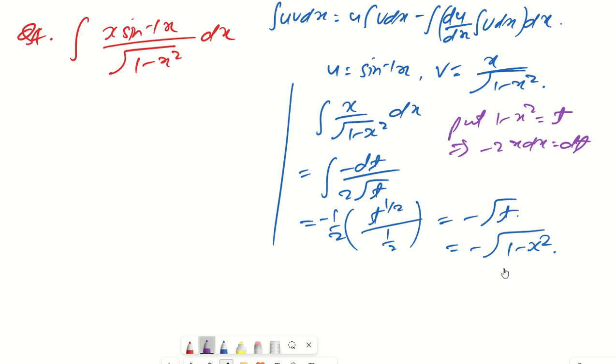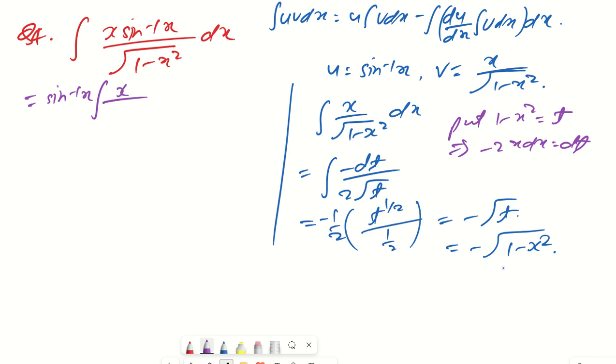So now my integration is going to be the first term, that is my sine inverse x, times the integration of the second term. I will just write down the formula so that you can have a proper understanding.